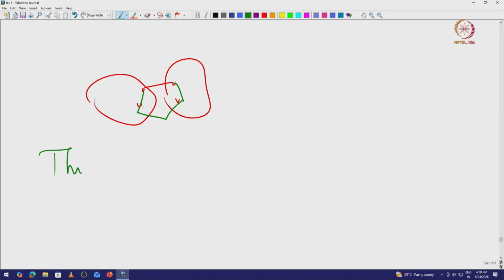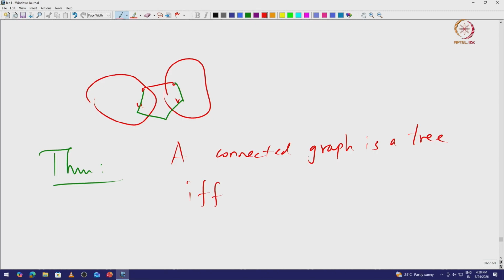Okay, here is the theorem. A connected graph is a tree if and only if every edge that you take in the graph is a cut edge.